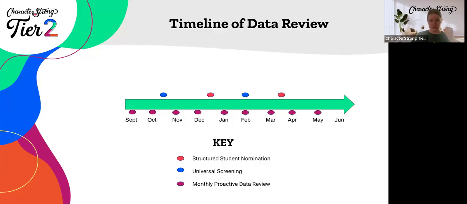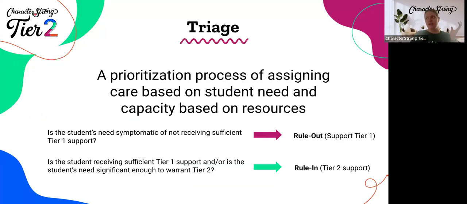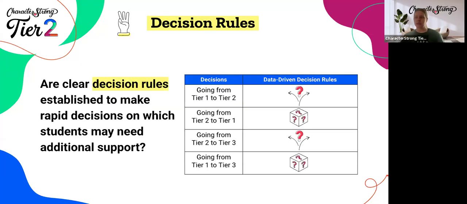Once we have gathered that data, once we know, okay, these are the students that have come up as potentially having a need or we are concerned, then we engage in that triage process, which is now identifying who is going to get tier 2, who is not going to get tier 2. So how we do this is by making sure that we have decision rules identified. So we need to know, when do we make the move to tier 2?